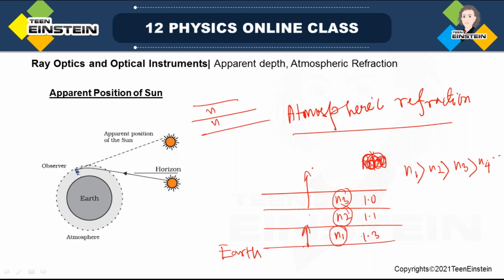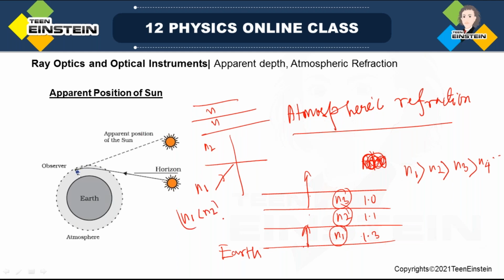So in this case, when you see the sun is actually below the horizon, but its light actually goes up to the earth surface. And when light travels from a denser medium to a rarer medium, as I said, suppose this is the rarer medium, this is N1 and this is N2, and here N1 is less than N2.